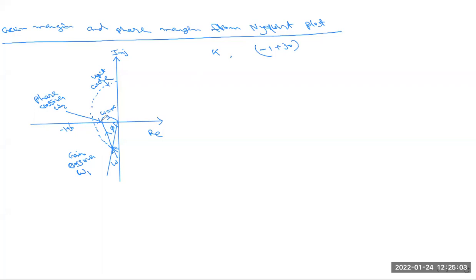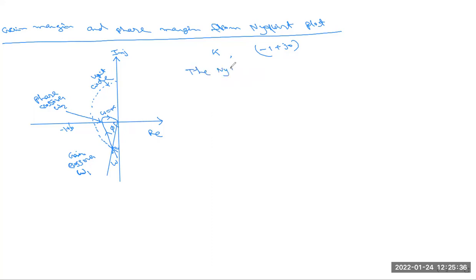When the frequency touches this point, the system is called marginally stable. That means sometimes it is stable or unstable. And when the value of k crosses this region, then the system is called the unstable format. So in this view, we have to plot the Nyquist plot.